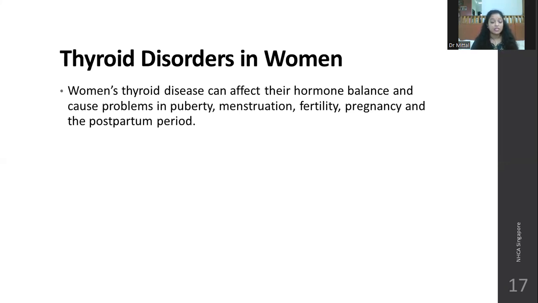Miscarriages, spontaneous miscarriages, preterm babies, stillbirth. These all are associated with thyroid issues. Pregnancy and the postpartum period, postpartum depression, postpartum thyroiditis. We will discuss that also. So these are the common associations of reproductive disorders of women and thyroid disorders.